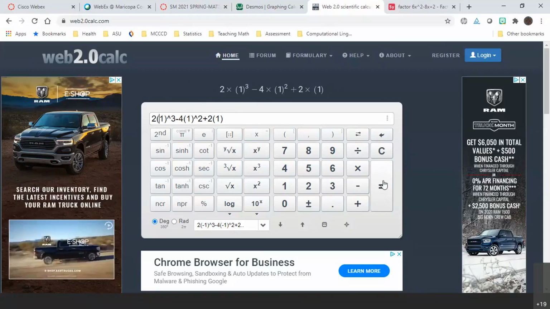Okay, and then hit enter, and you can see that's not right. So -4. Nope. 2x cubed minus 4x plus 2x and plus 3. I lost the plus 3.